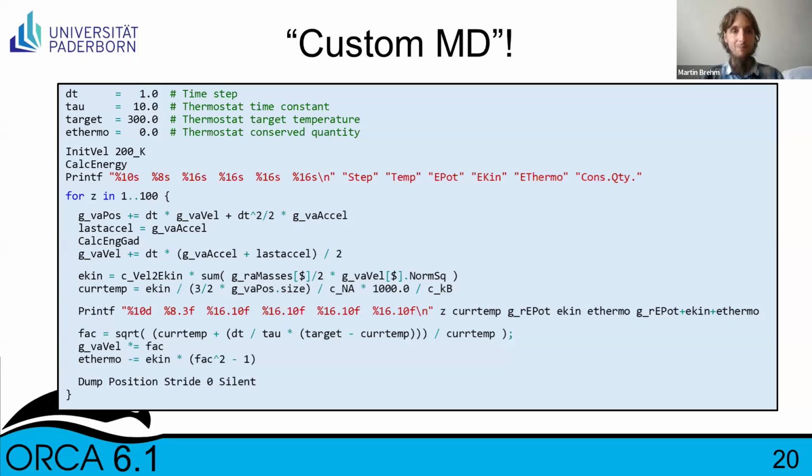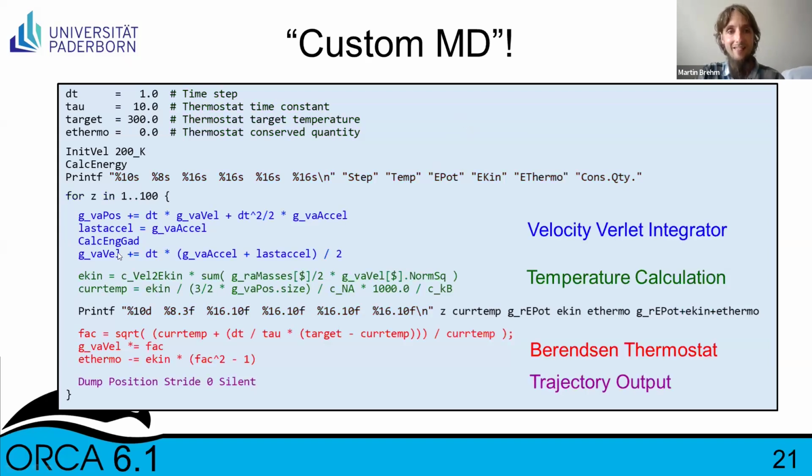It looks quite strange, but this small script you can use inside the MD section in ORCA, and it runs a normal molecular dynamics, but it does everything on its own. So you do not rely on any of the built-in algorithms. Let's very briefly discuss it. Here in this loop, you run 100 steps of molecular dynamics. This blue part is the velocity Verlet time integrator. Here you integrate your equations of motion.